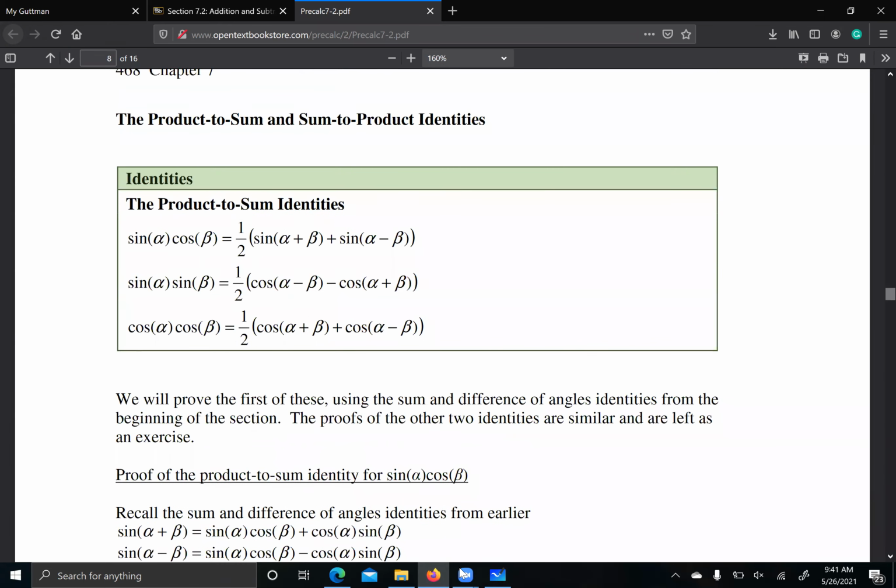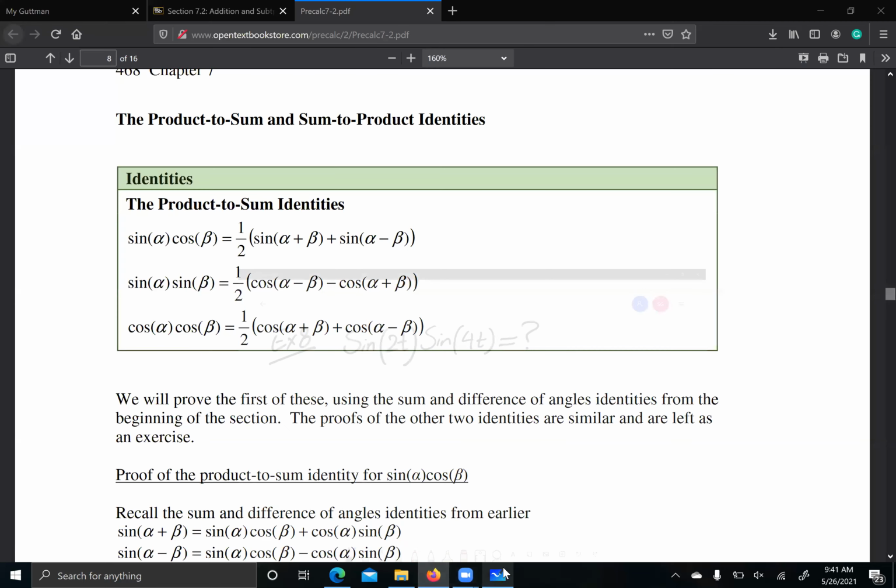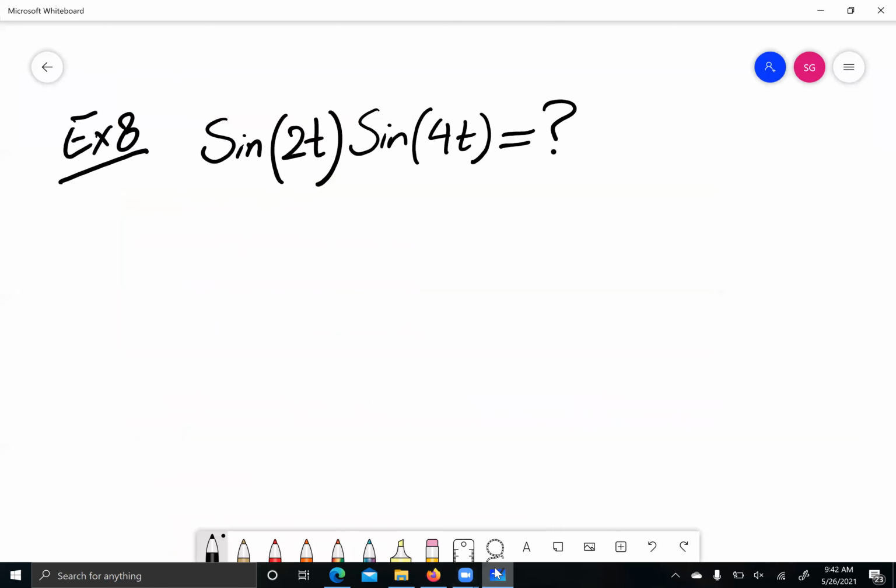So because this is, look, what do you have? You have a multiplication of two sine functions, a product of two sine functions. So we need to use the middle identity. It's half of cosine of the difference of those two angles. So it's going to be half of cosine of the difference of these two angles, so 2t minus 4t, okay?